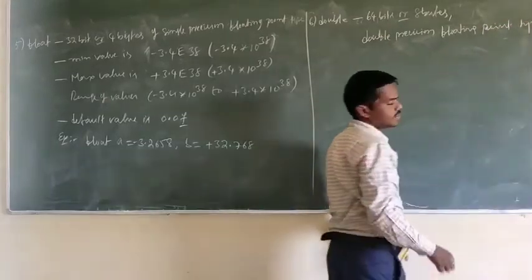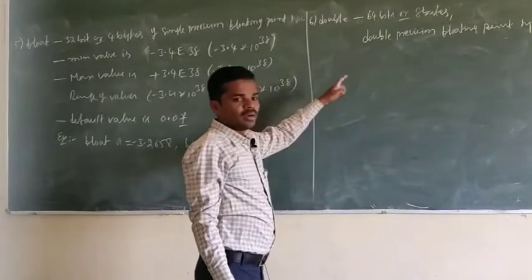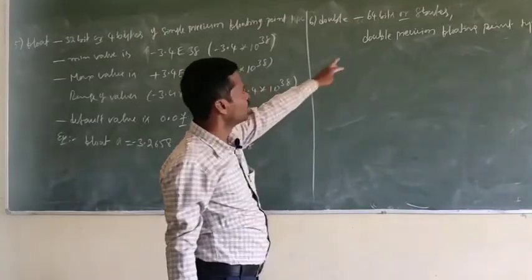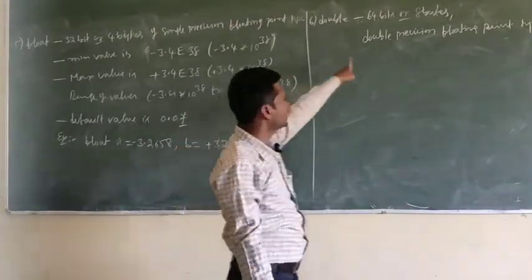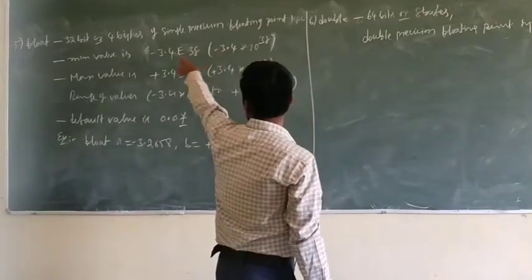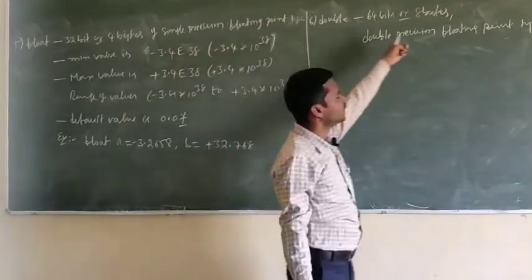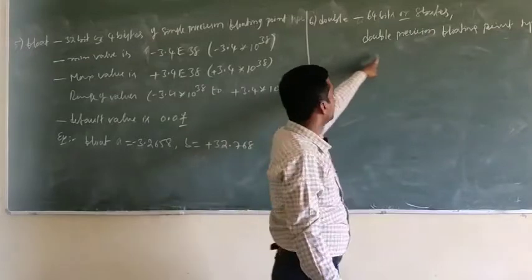It is double the float, so it is double precision. The float is 4 bytes, this is multiplied by 2, 8 bytes.